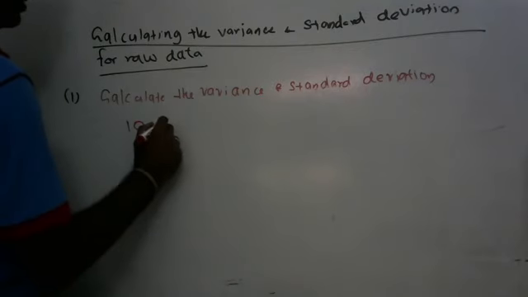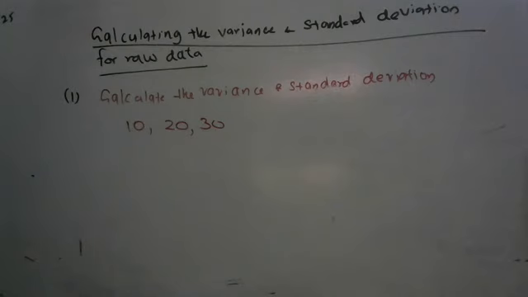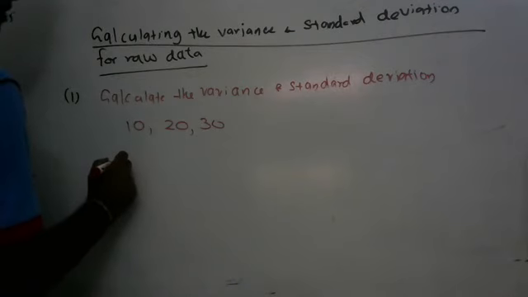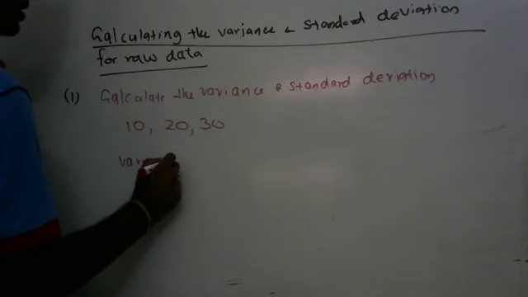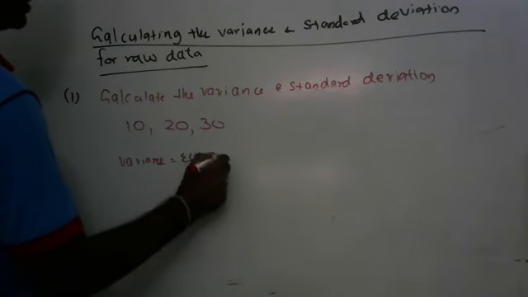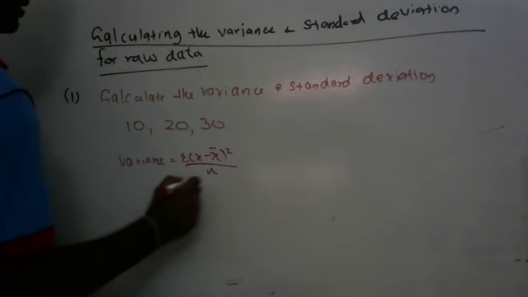Second example: 10, 20, 30. Calculate the variance and the standard deviation. The formula is sigma (x minus x bar) squared divided by n.